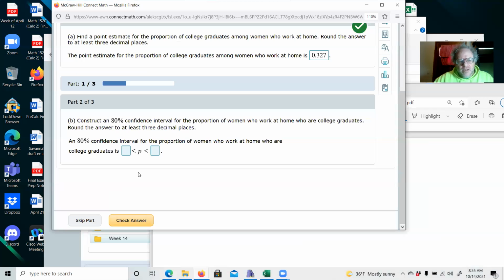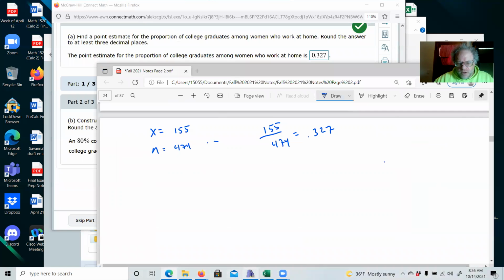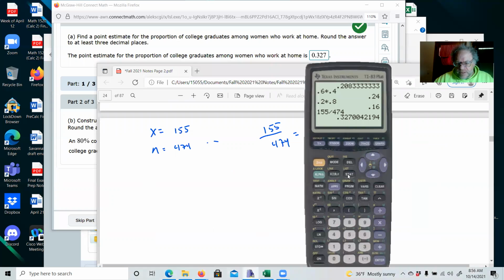Construct an 80% confidence interval for the proportion of women who work at home and are college graduates. So we're going to go to our calculators and say stat tests. We want one sample Z proportion. Two samples is if we have to compare, usually like a before and after sort of thing.